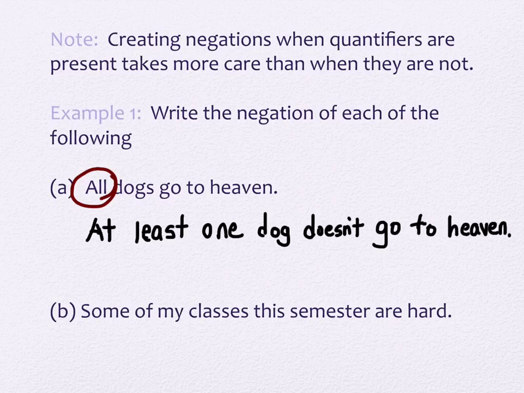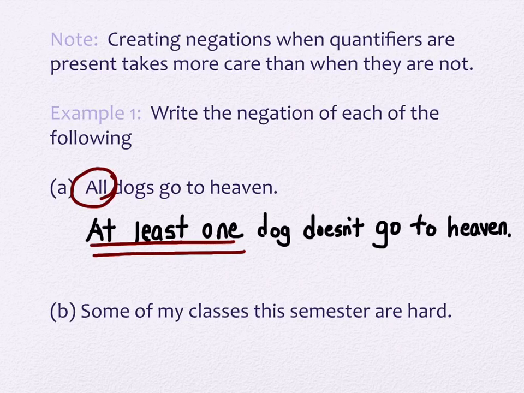And when I create a negation, what happens? It switches to an existential, and that always happens. And I did use the word always there on purpose. Really, always happens. So if you start with a universal quantifier, your statement's going to have an existential one in it, and vice versa. And the vice versa is exactly what's happening next.